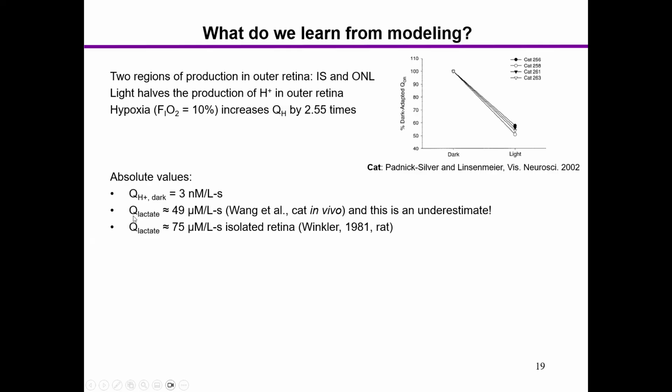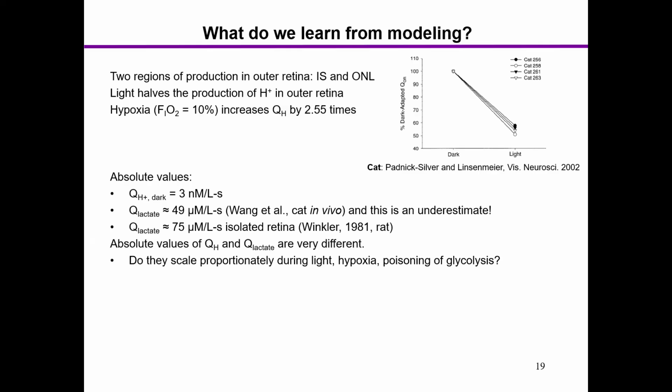So the lactate production and hydrogen ion production are several orders of magnitude different. And I'm saying this is an underestimate because part of the lactate is not ever getting out into the blood supply. It's being used in the inner retina. So you're underestimating the amount of lactate that the photoreceptors are actually producing. So the absolute values of these are very different.